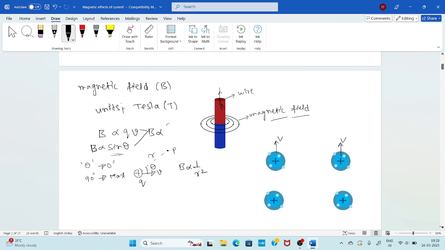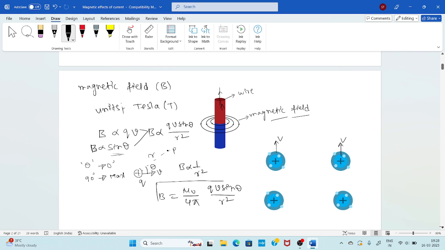So B is proportional to QV sin theta by R square. After removing proportionality, with the proportionality constant mu naught by 4 pi, we get B equals mu naught by 4 pi times QV sin theta by R square. This is the formula for the magnetic field due to a moving charge.